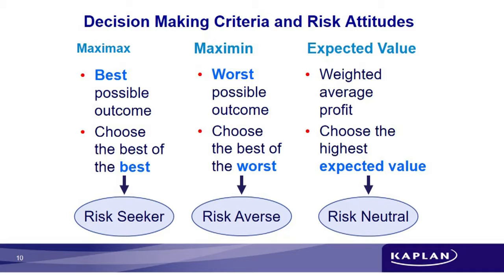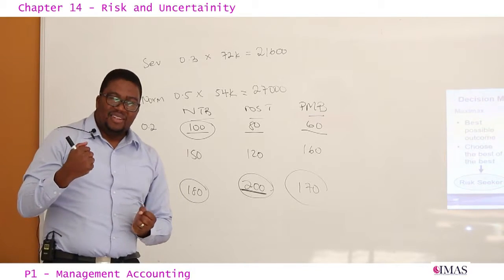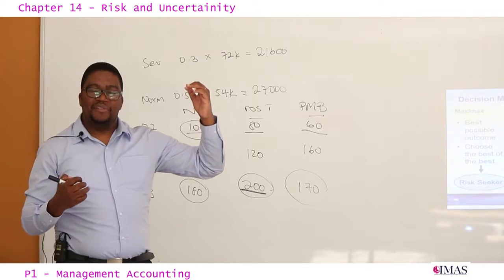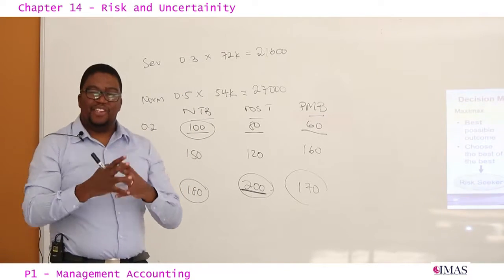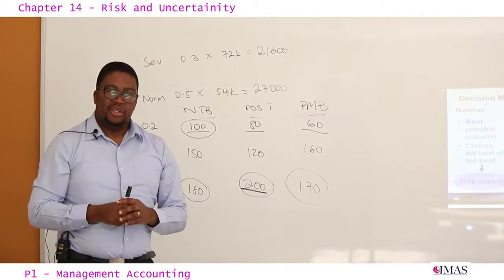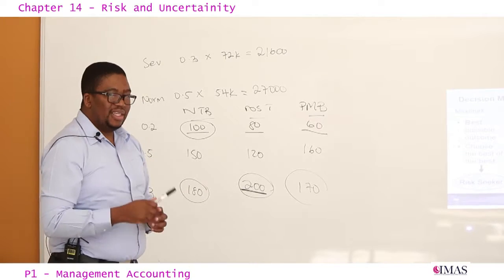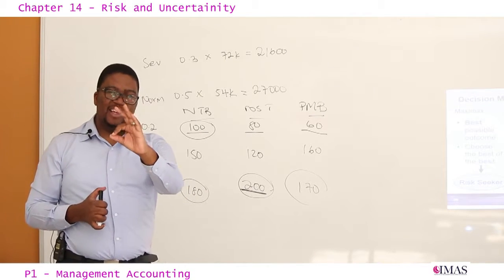And that particular person is the person who is risk neutral, because he's hoping that the worst will be offset by the best and to get him the average, and the vice versa is true. Therefore, this is the guy then who will utilize the expected value.